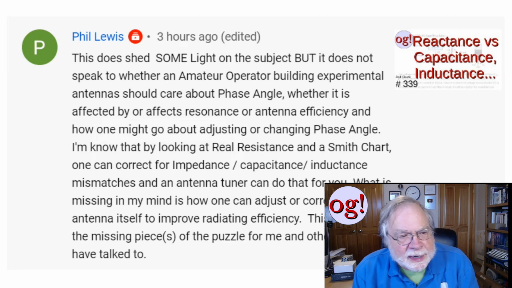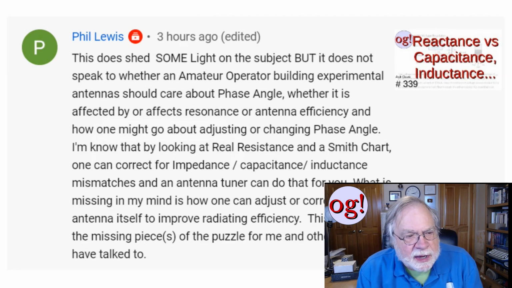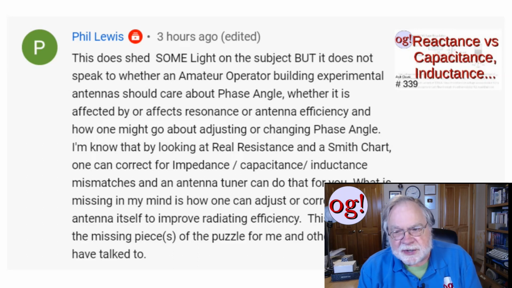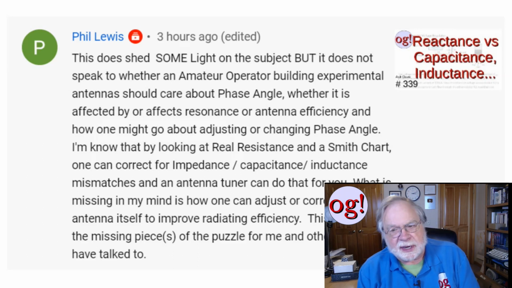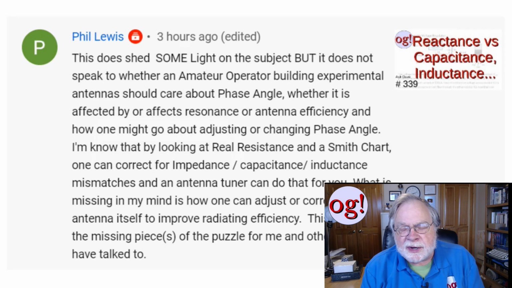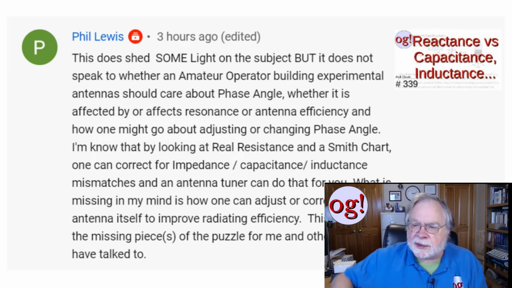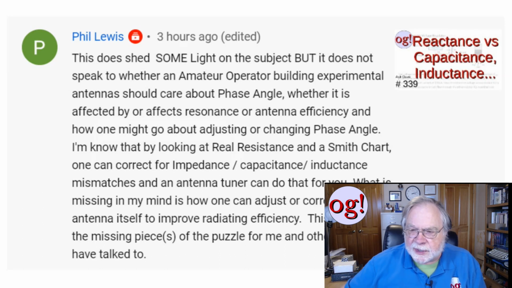Okay, so you can match. Now remember that the Smith chart is a transmission line calculator, okay? And what you are seeing when you're looking at the station end of your transmission line, if you're getting the Smith chart there, you're getting the combination of the antenna, the feed line, and the environment, okay?